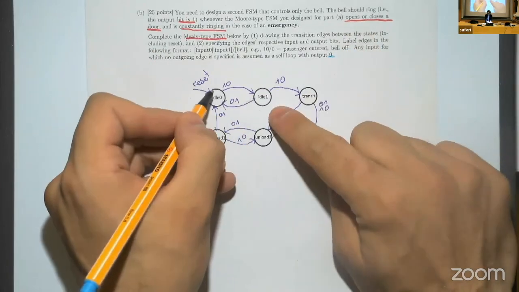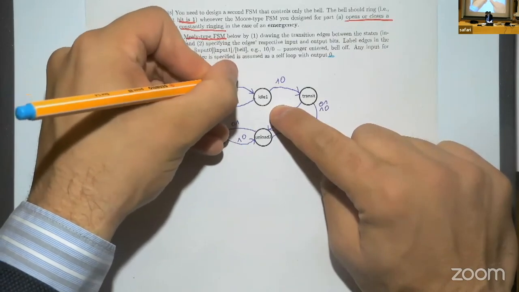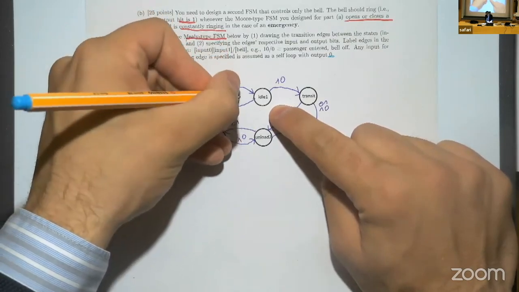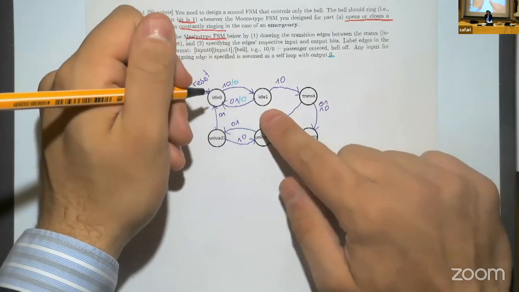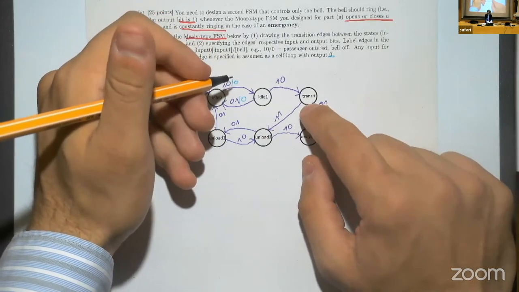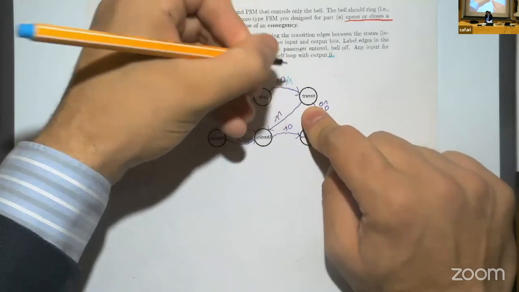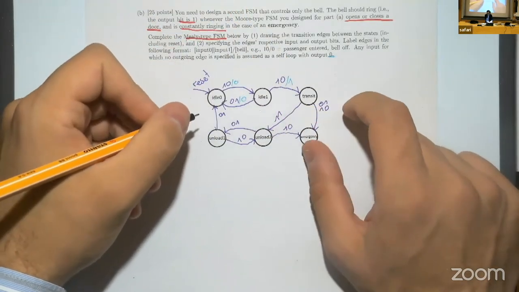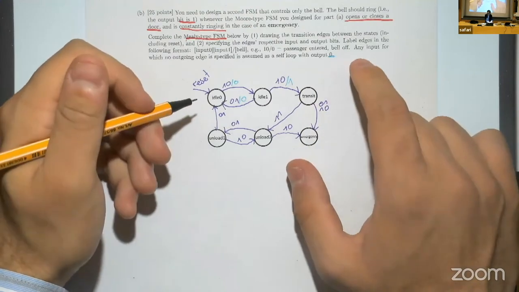Well, between idle states, it certainly doesn't change anything. So if you just remain idle but with different passenger counts, there should be no bells ringing, no doors opening or closing. We go from idle state to transit, and of course we close the door, right? We start driving. So the output bit is 1. Then when going into emergency state from transit, we open all doors.